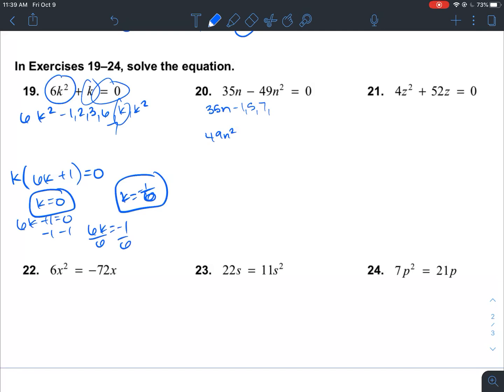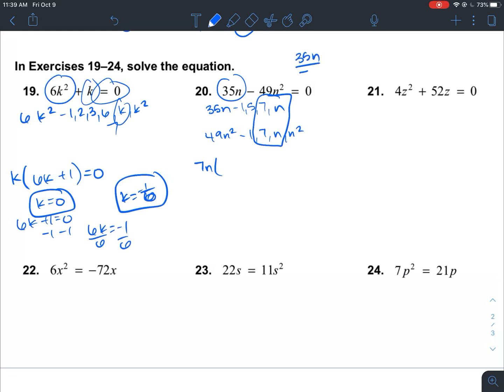And then n can be divided by n. 49 could be 1, 7, that's pretty much it, and then n and n squared. So if we look at what they have in common, they both have a 7 and an n, so I can factor those out. So let's take the 7n.